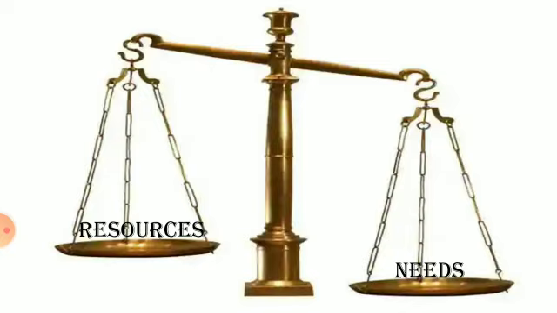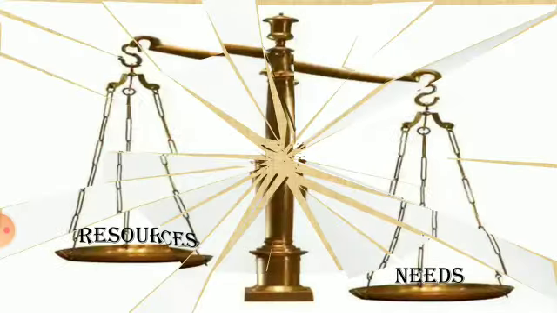Now we will see here that there is never a balance between the limited resources that we have and the unlimited needs that we have. Now, as we manage the finances of our family, similarly, villages, cities, states, countries, and world also need to have economic management.